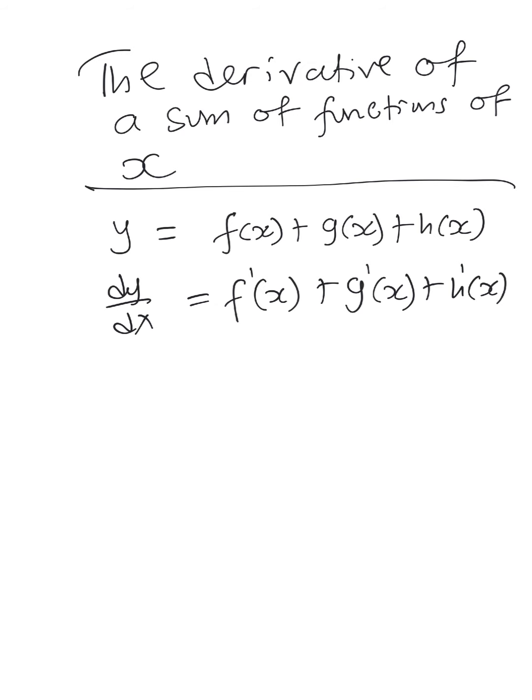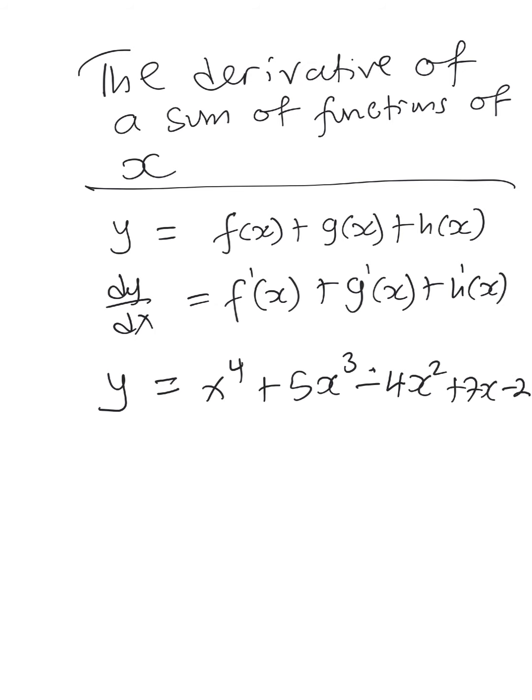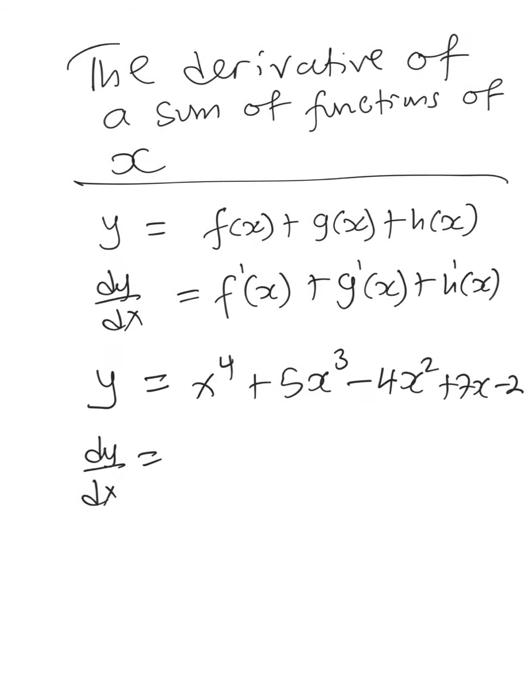I have this polynomial. We have y is x to the power 4 plus 5x cubed minus 4x squared plus 7x minus 2. So what's the derivative of that function? The dy by dx. It's all about getting the derivative of each function. The first is the function of x to the power of 4.